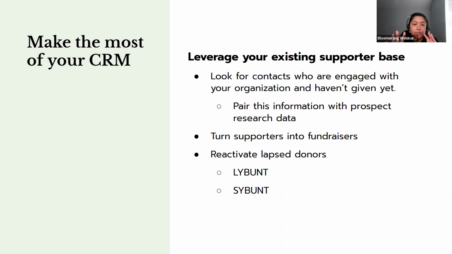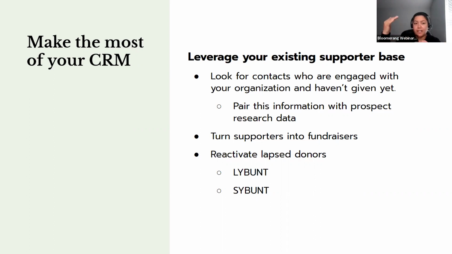For example, if you have someone who is highly engaged with your organization, but you can see maybe they're cool on the generosity side, that's great for your organization. They may not have a great capacity to give, but what they do, they're already giving to your organization. Or maybe they don't have a big capacity to give, but they engage with your organization in a different way. They volunteer, they attend events, they open your emails.